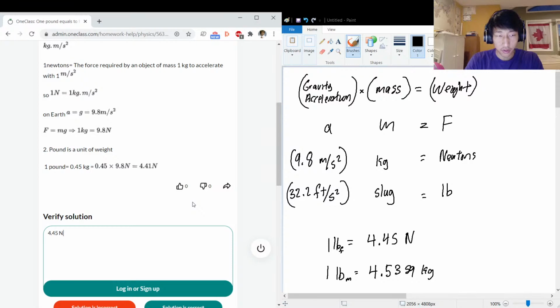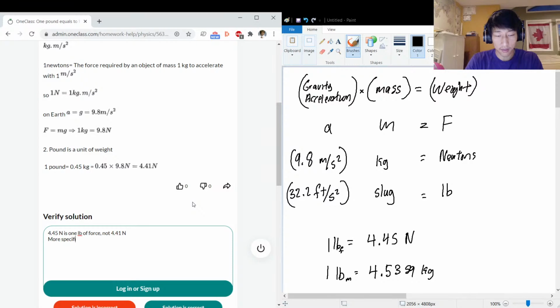4.45 newtons is lb a force, not 4.41 newtons.